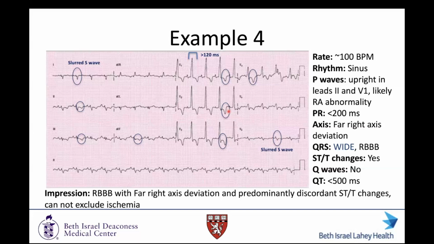Yeah, so this sort of emphasizes the fact that RVH is a really challenging diagnosis to make, and you can see that in all of these EKGs that we're going through. But right bundle branch block, we'll talk about in a future session, is such a huge differential. So when it's associated with right atrial abnormality and right axis deviation, that should alert you that maybe it's not run of the mill right bundle branch block, and maybe there is something going on in the right side of the heart.